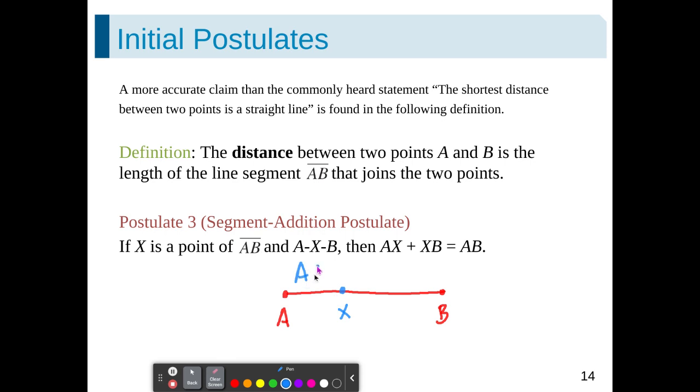Then the measure of AX and the measure of XB, added together, is naturally equal to the measurement of AB. It's so intuitive, you're like, why do we need to talk about that? But it's because we need these rules, these definitions, these postulates, to make sure that we're applying things correctly.